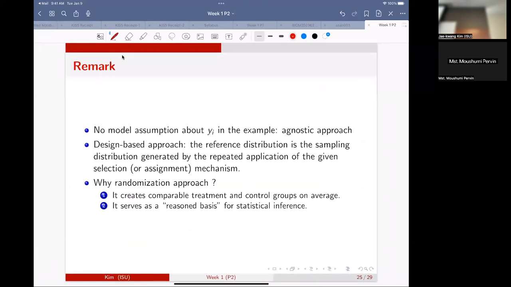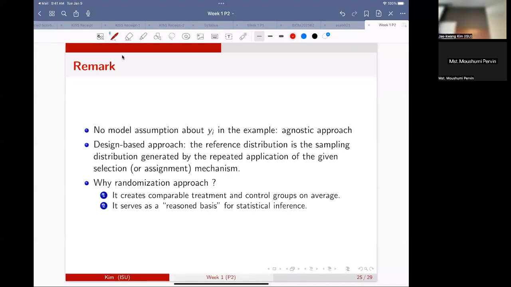Exactly the same as what we did for sampling design. There are no model assumptions on Y. For this randomization, we just roll the dice. That's it. It's called the design-based approach in survey sampling, but in causal inference and machine learning, they call it the agnostic approach. They are very good at making the name fancy, making a new brand essentially.